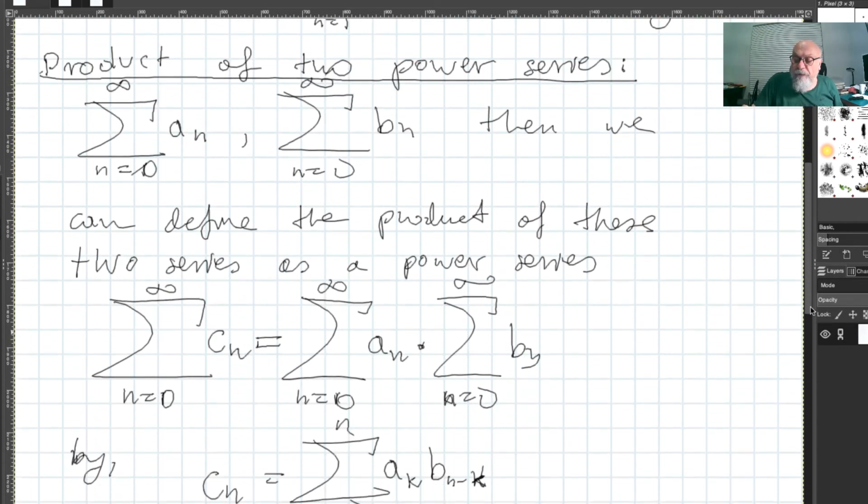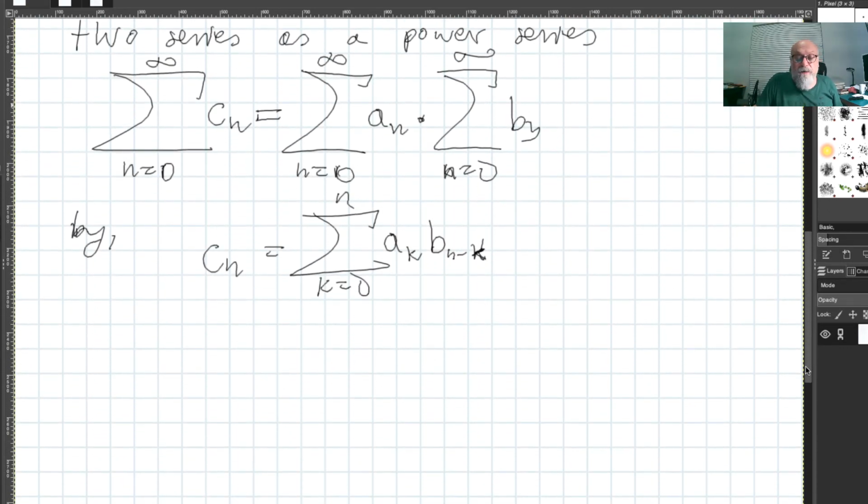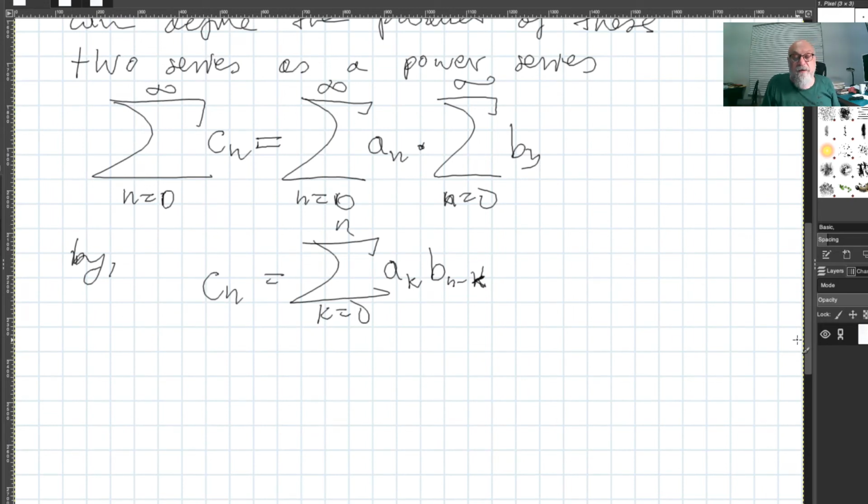So one of the things is the following. Remember, if you have a convergent infinite complex series, what does it mean?